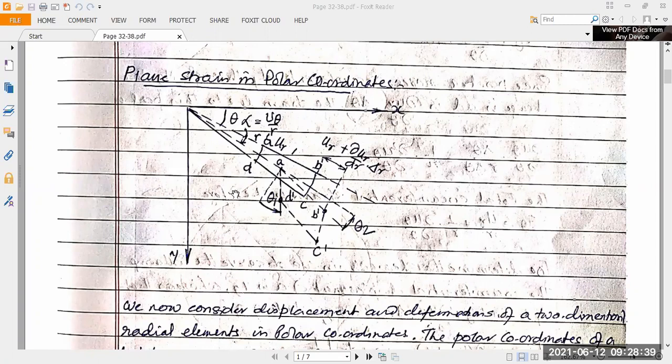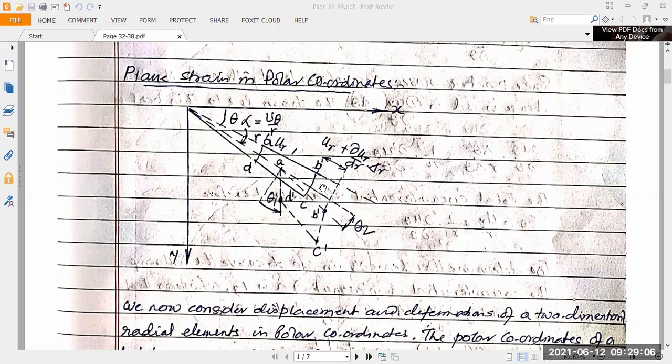And what will be the circumferential length at the point B? Now, the circumferential length AD changes to r plus ur into delta theta.